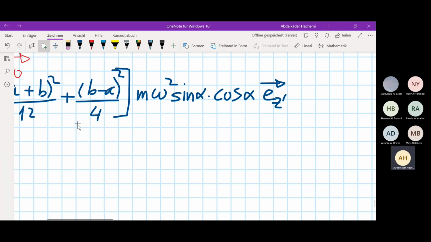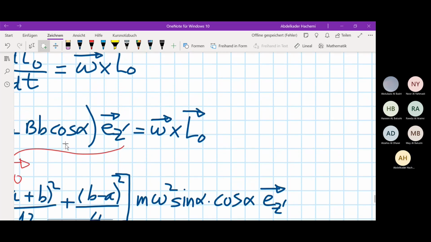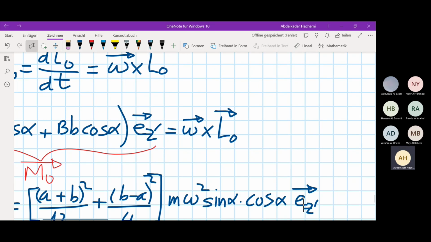Then if we make the equality, we get the equilibrium here to determine the reactions in A and B. We have only one equation, which is this one here.